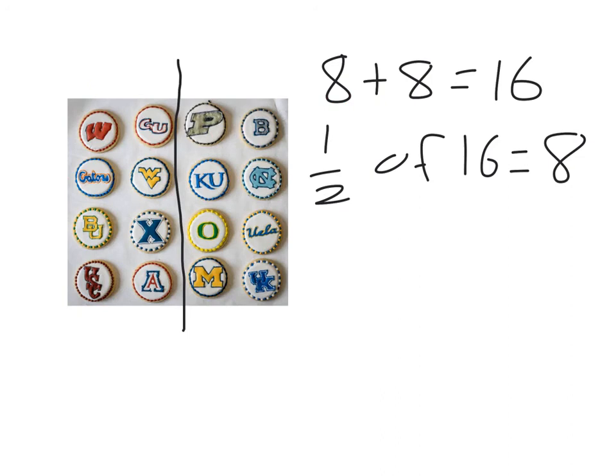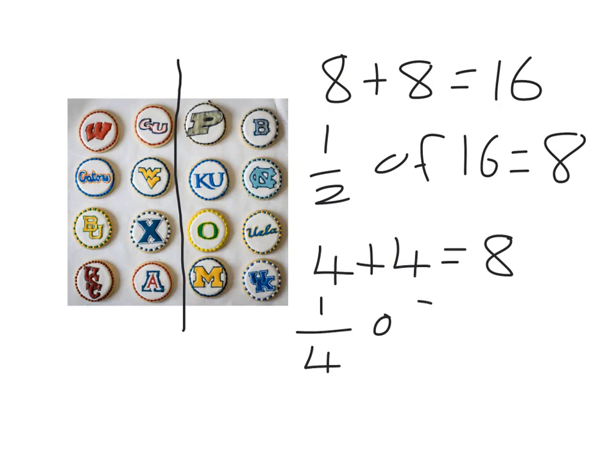So half of that 8 is 4, because I know that 4 plus 4 equals 8. So I'm using my doubles knowledge again. Therefore, 1/4 of 16 must equal 4.